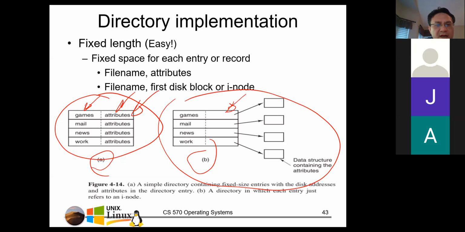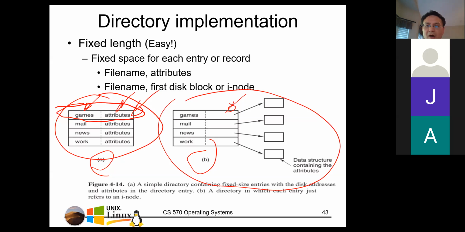Here we're talking about each record having a fixed length. That's a pretty straightforward setup. With this record scheme, we have made the assumption that files have short or fixed length names, right? An example would be MS-DOS, I'm not sure if you guys used DOS before.